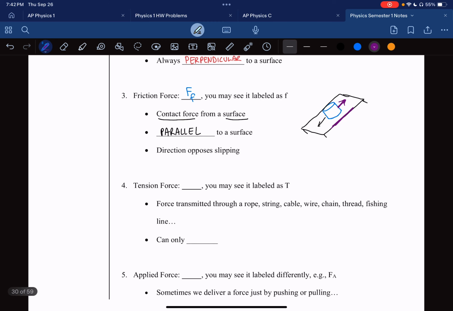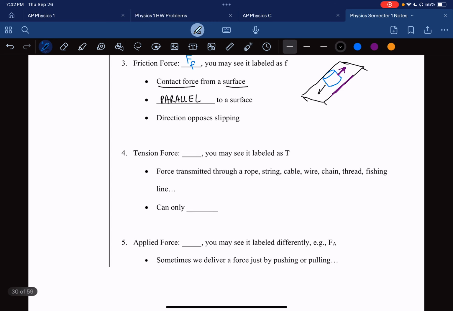Okay, let's keep going. Tension force. So we will most often see it as capital F, subscript capital T. And you might see it like that, but this is just a force that is transmitted through a rope. Basically anything that's like a rope or a string. Okay, a cable.